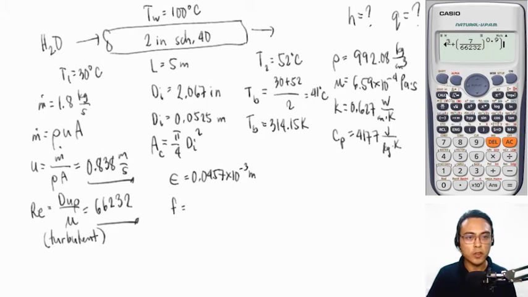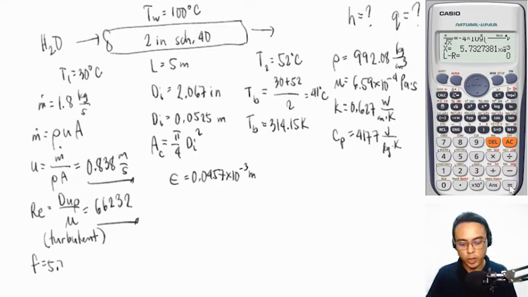We can use the shift solve function to solve for the value of the fanning friction factor. We get a value of 5.73 times 10 raised to negative 3. The fanning friction factor is dimensionless.